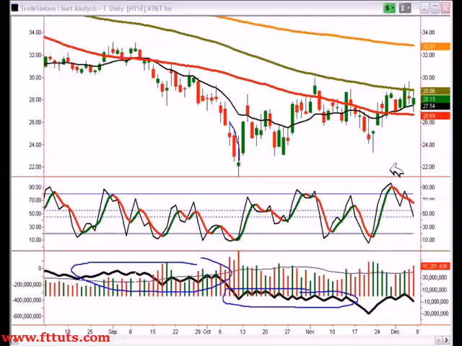But then after this big move down, we get a little volume spike here that's more than 50% above the moving average line, but then it just goes sideways again. And the volume histogram stays average or even below average.